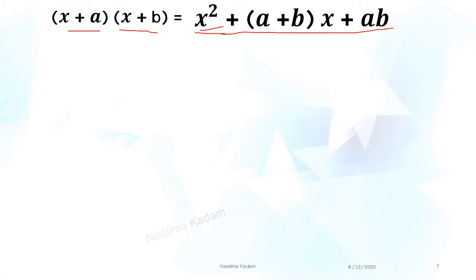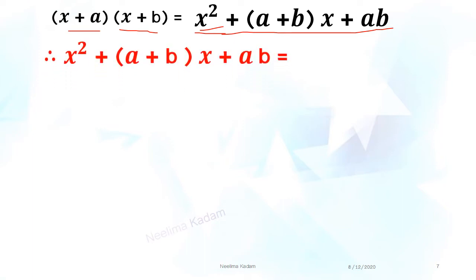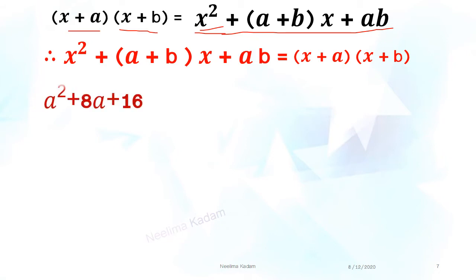So let's make it reverse. That is, the factors of the trinomial x square plus (a plus b)x plus ab will automatically be x plus a into x plus b. So today we will find out the factors of a quadratic trinomial.